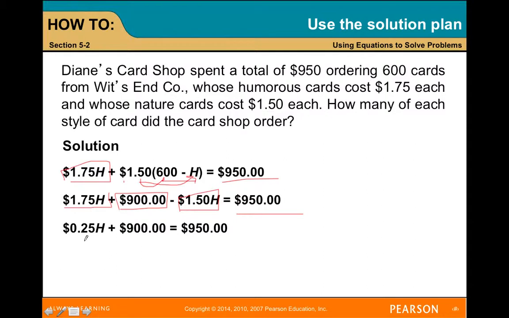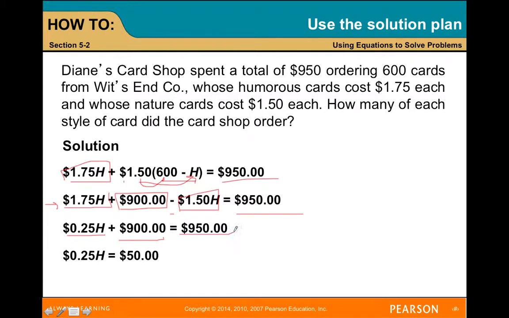And then we have 25 cents H plus 900, and the reason is that looking at this section right here, you have H and you have H right here on both sides, so you can subtract $1.50 H from this side as well, and that leaves you with 25 cents. So 25 cents H plus $900 equals 950.